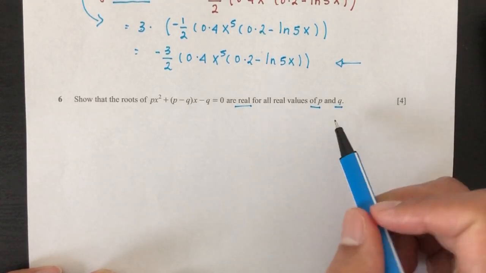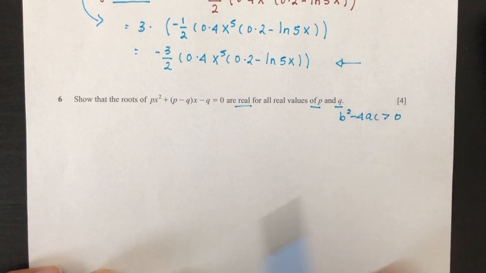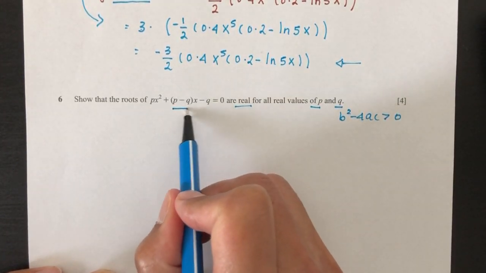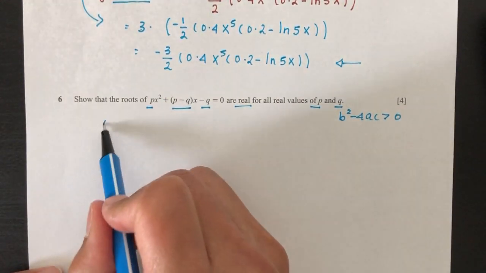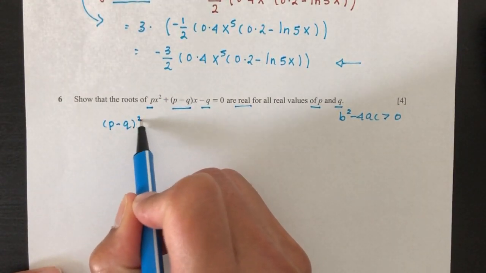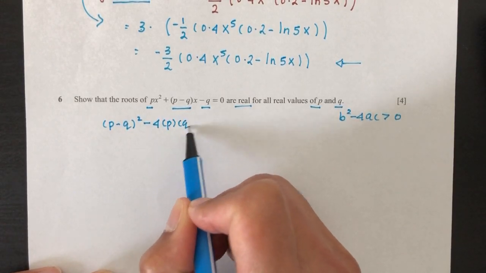So real means you have to show that b squared minus 4ac is more than 0. So where's b? B is right here. What is a? A and c. So b squared is p minus q squared minus 4a is p times c.